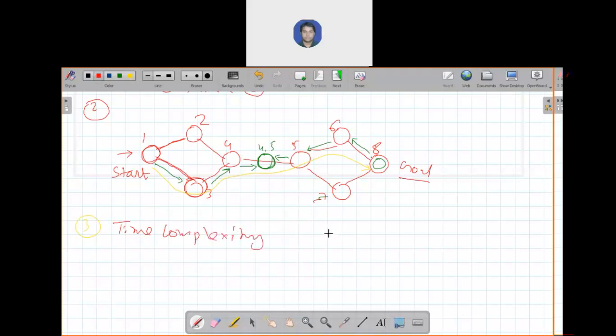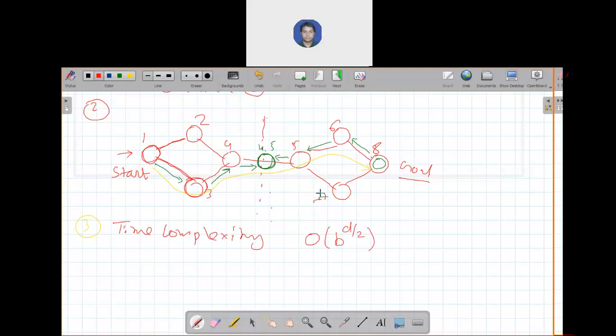As you know, the time complexity of BFS and DFS is b to the power d, where b is the branching factor and d is the depth. But here the time complexity of this search technique is b to the power d by 2. You halve the search space, because you are exploring only half the space and the other side is exploring the other half. So ultimately your time complexity is reduced.